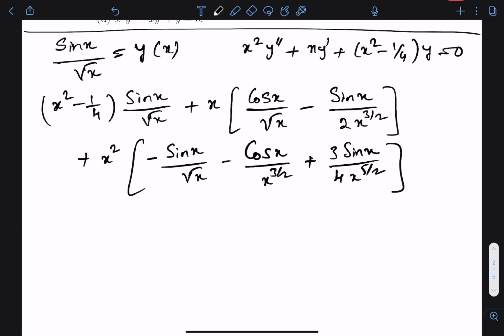You see here that the first term here cancels with the first term here.